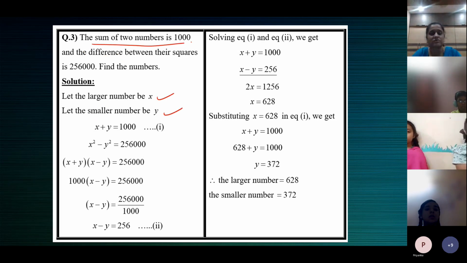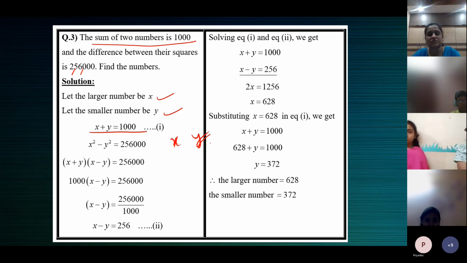The sum of two numbers is 1000. The difference between their squares is 2,56,000. So the two numbers are x and y. The larger number is x, the smaller number is y.